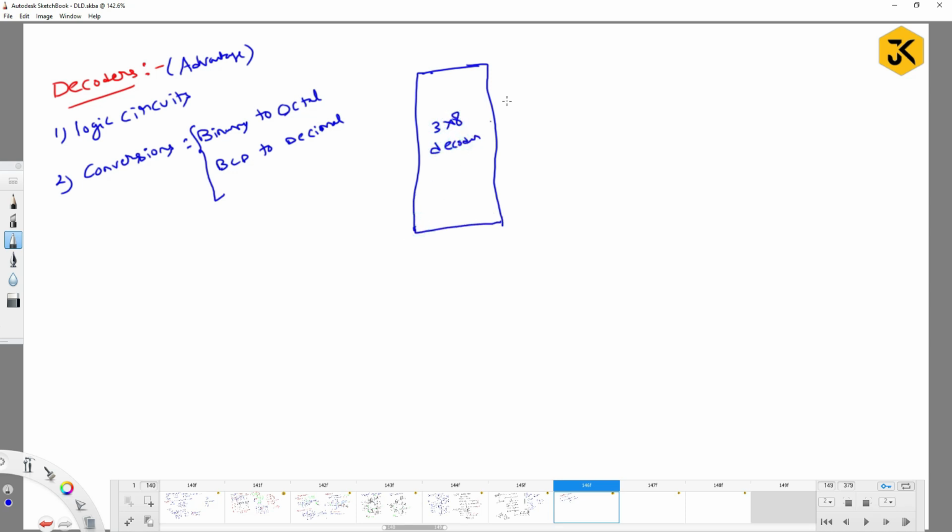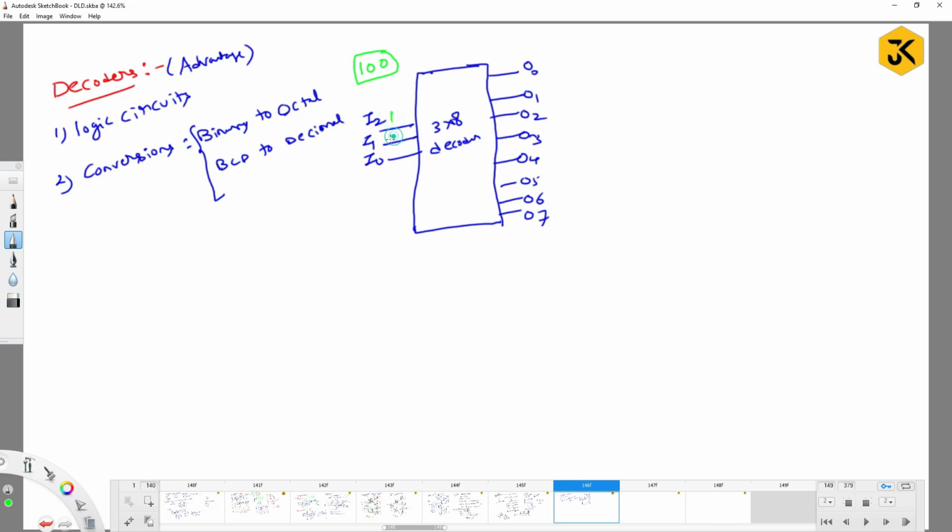Output is O0, O1, O2, O3, O4, O5, O6 and O7, and the inputs are I2, I1, I0. Meaning that if I give 100 as input, what should be produced as output? 4, right?